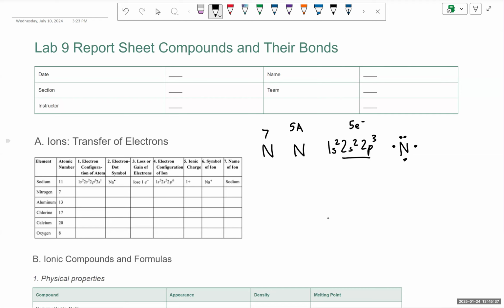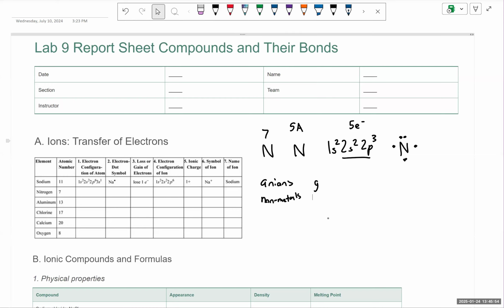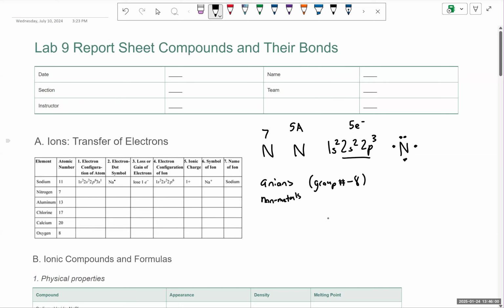Now, in terms of ionization trends, generally for anions, which are formed from non-metals primarily, the preferred charge is the group number -8.